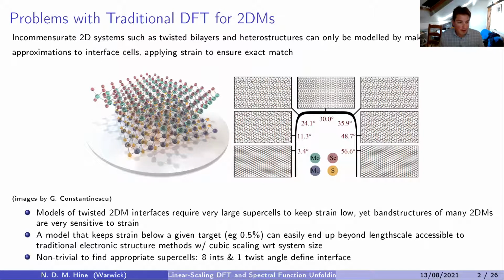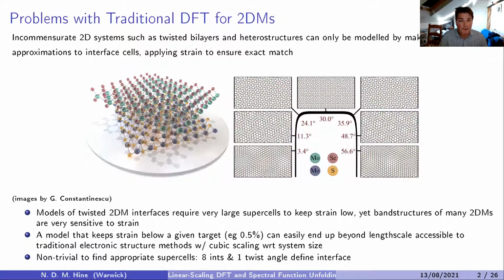What this means is that models of 2D material interfaces require very large supercells in order to keep the strain low. And yet the band structures of many 2D materials are very sensitive to strain, so you have to keep the strain very low. A model that keeps the strain below a target that doesn't damage the band structure too much may well demand a system well beyond a length scale accessible to traditional DFT.